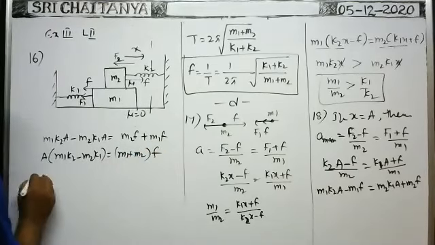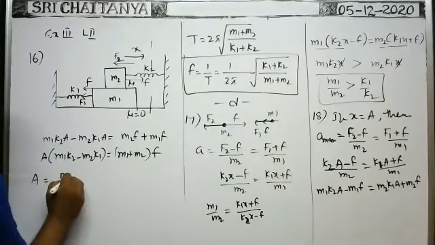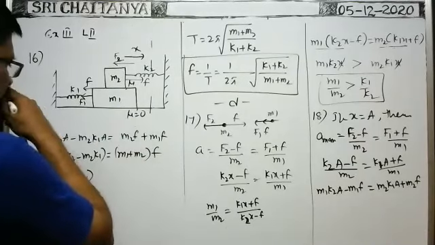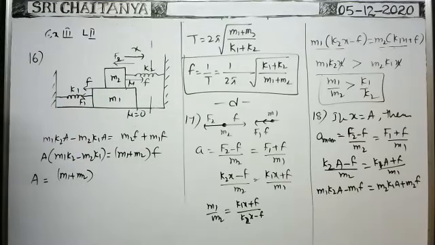Our amplitude A is equal to (m1 plus m2) into what about f here? Tell me. Coefficient of friction is mu. What is f? How can we write f? Friction force is what in terms of mass? Mu is given.